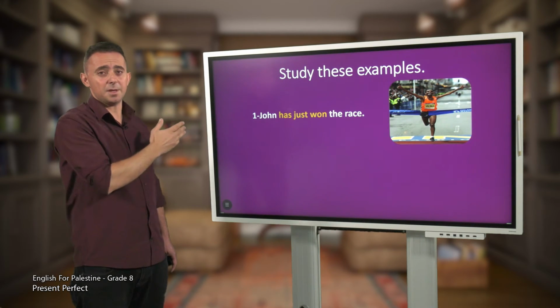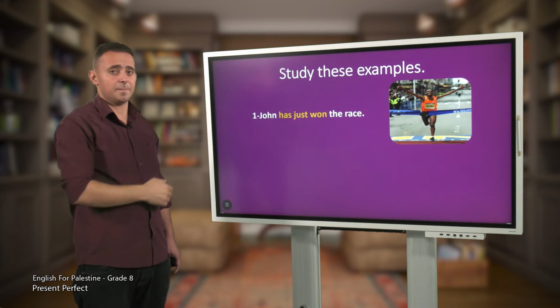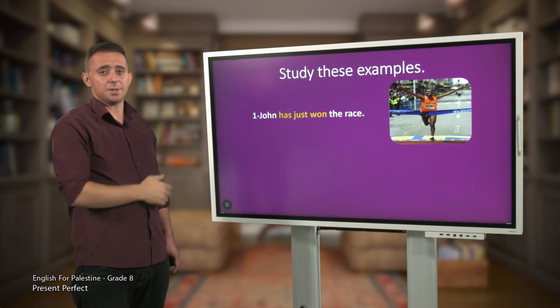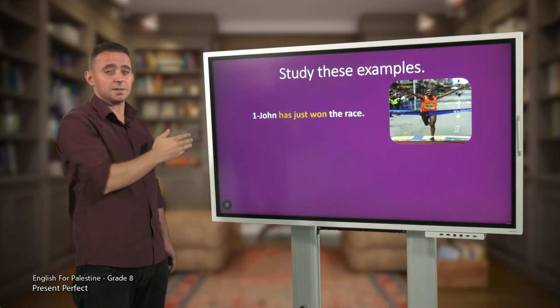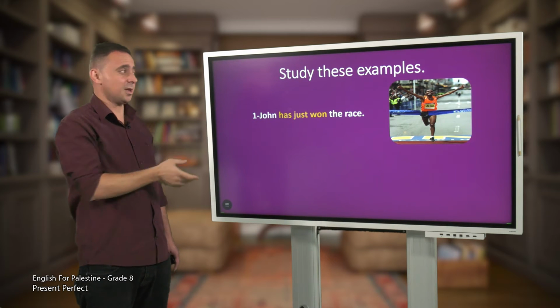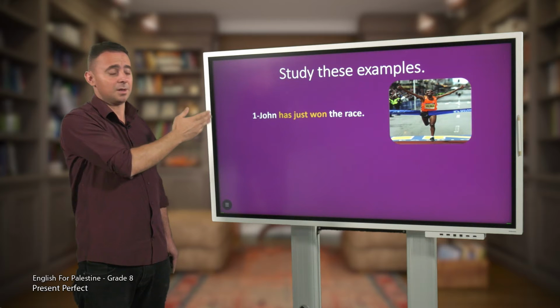It comes in the middle between the helping verb has and the past participle won. Notice that John is a singular subject. That's why it should be followed by has, not have, and then the past participle. And don't forget that just is in the middle between has and the past participle won.